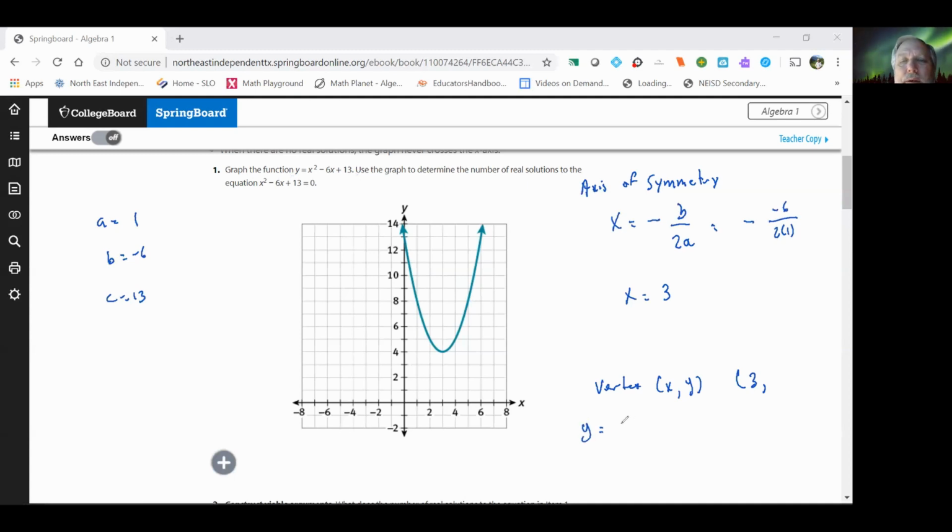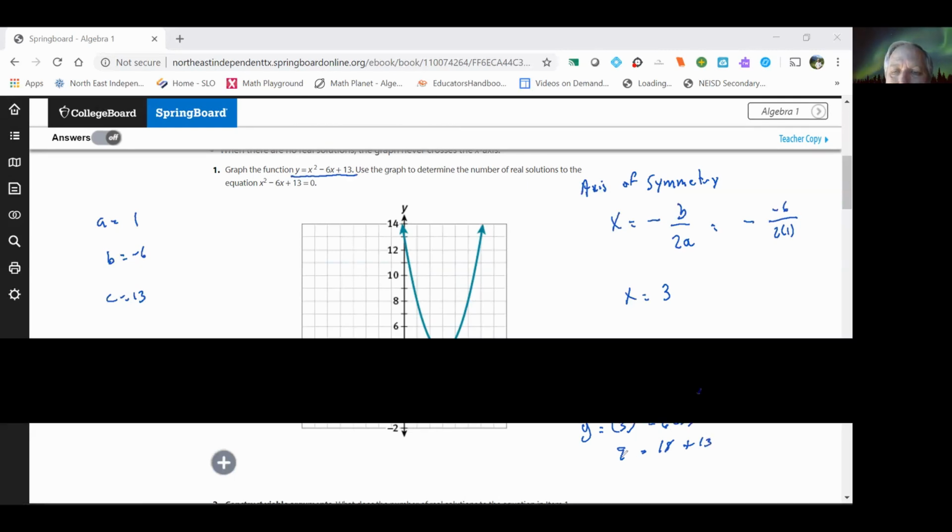So it's going to be 3 squared minus 6 times 3 plus 13. 3 squared is 9. 6 times 3 is 18. And plus 13.